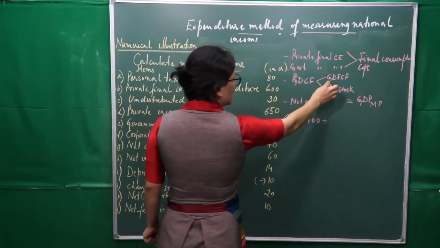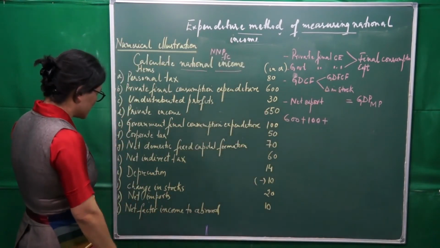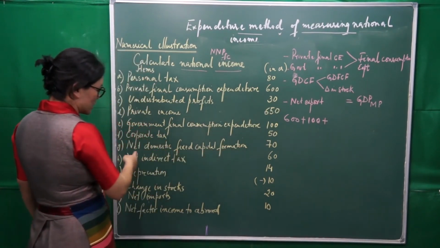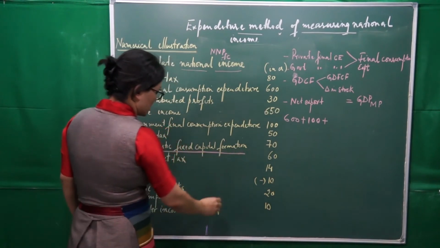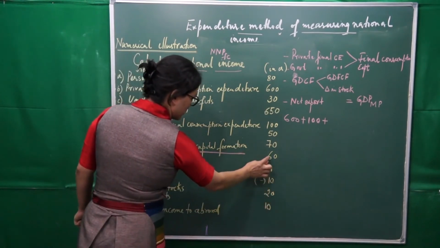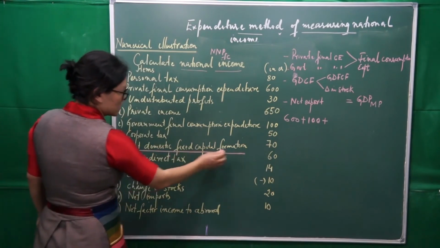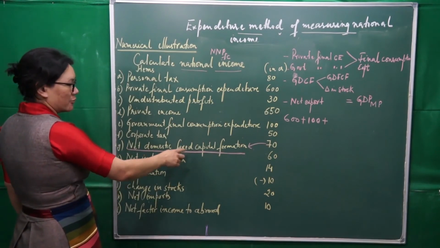In this, gross domestic fixed capital formation is not given. Instead of it, what is given here? Net domestic fixed capital formation. This is given here. Right? See here. So we need to take this one, right? Okay. So net domestic capital formation is given.